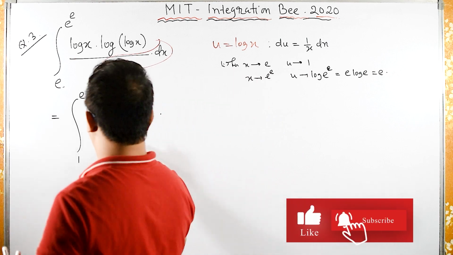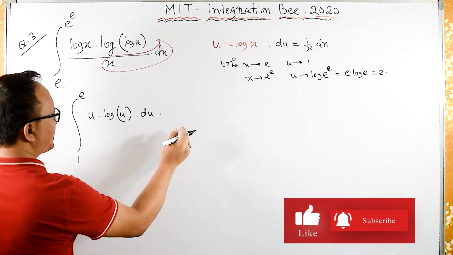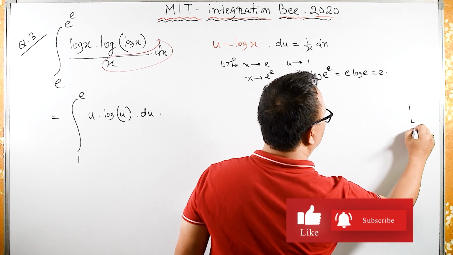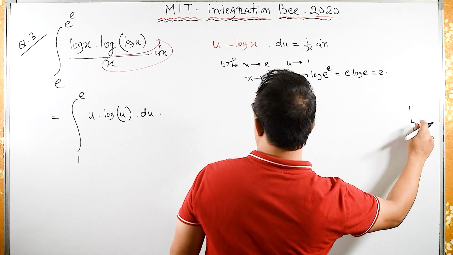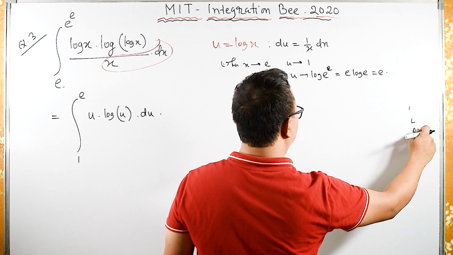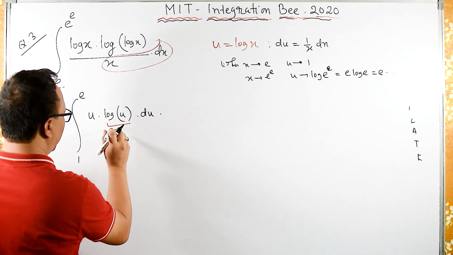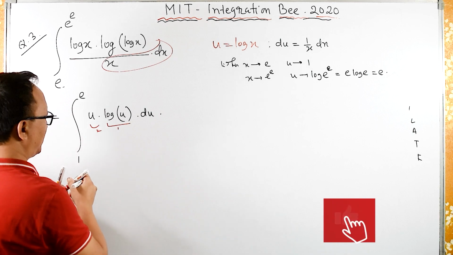So I will use integration by parts. By the ILATE rule, we have logarithmic as well as algebraic, so I will choose this as the first function and this as the second function.